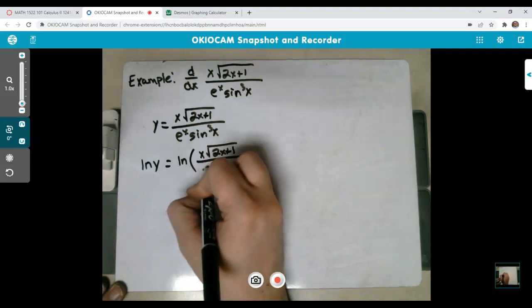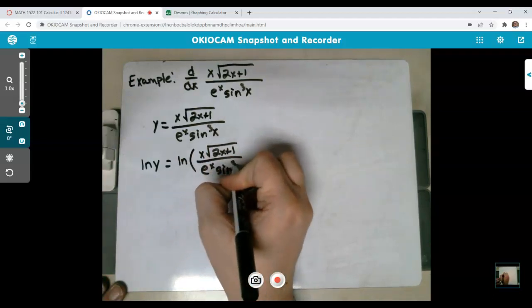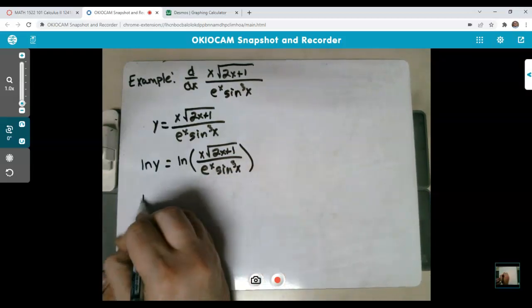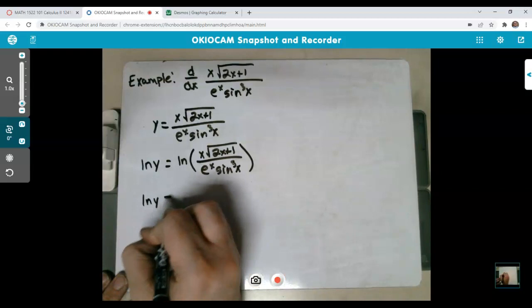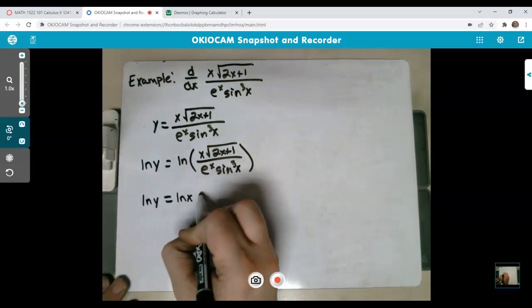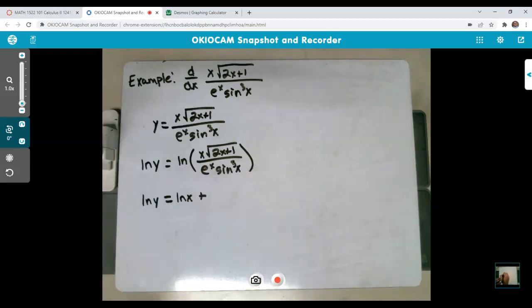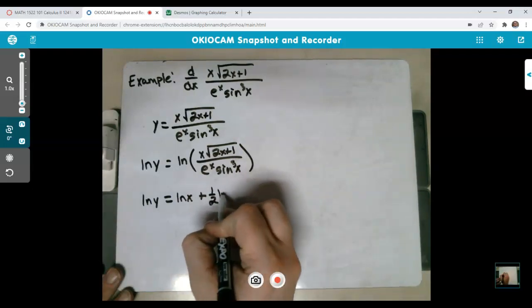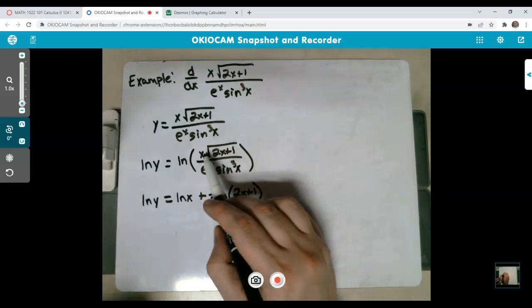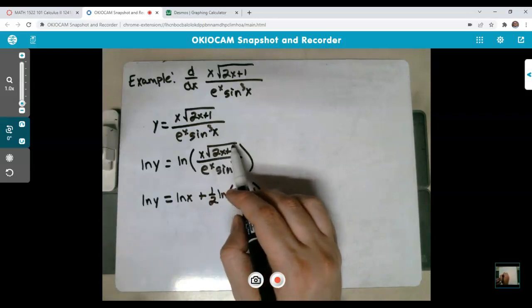And just like the example we did a while ago, we can break this up, right? So I can have ln of y equals everything on top I can write as ln of x plus, this is a square root, and a square root is like having a power of 1/2. And like we have said a bunch of times, I can bring my power down to the front, so plus 1/2 ln of 2x plus 1.